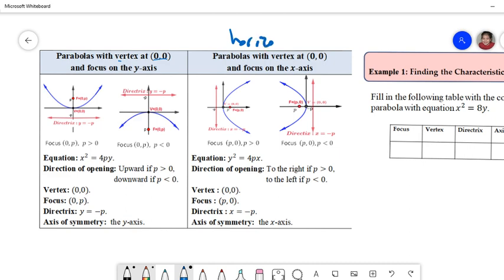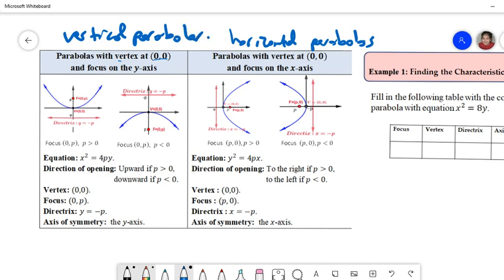These are horizontal parabolas, and these are the vertical parabolas. So this table summarizes the information about these types of parabolas.